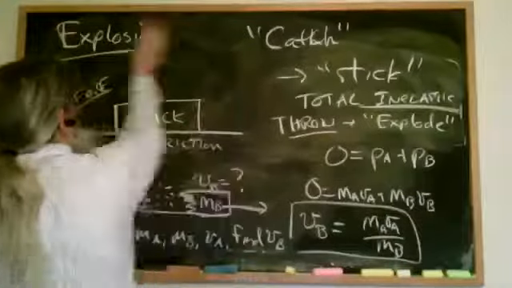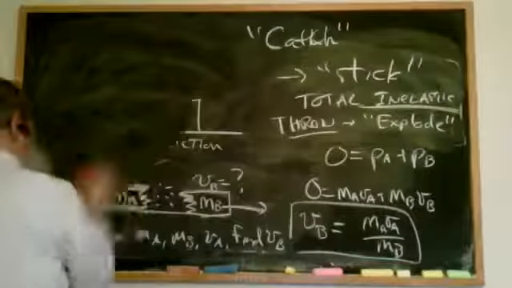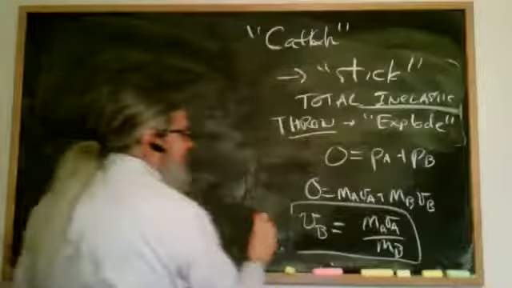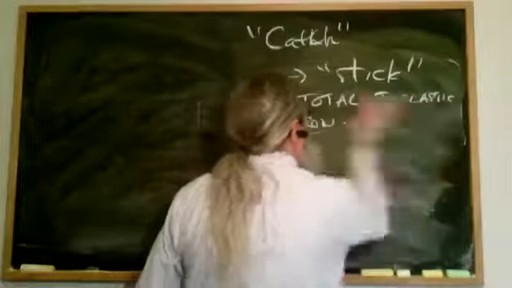Now, one thing that's important, we have to keep track of whether the system is isolated or not when we charge ahead and do these problems. So let's do a problem. A person is standing on the surface, and there's a ball.